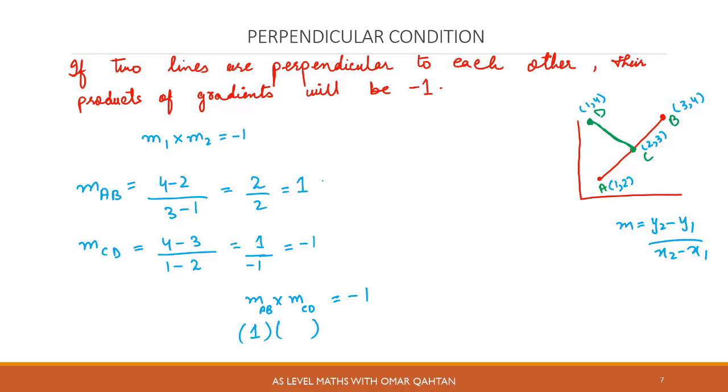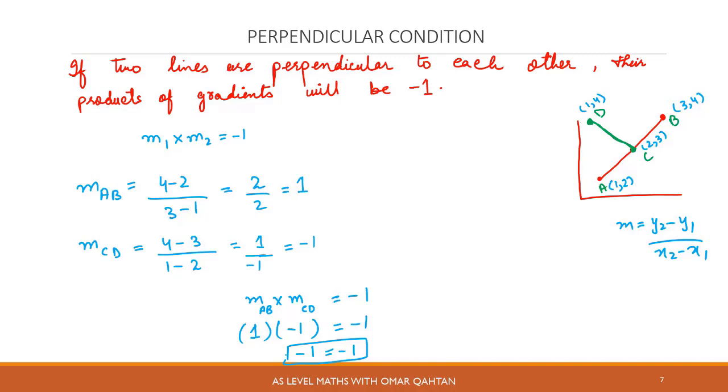So M of AB is 1, M of CD is minus 1, and the product is minus 1. So hence proved, if two lines are perpendicular to each other, the product of their gradients will be minus 1, and it is proved.